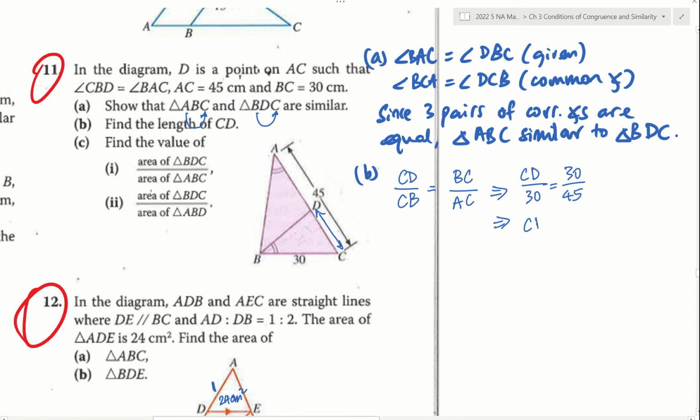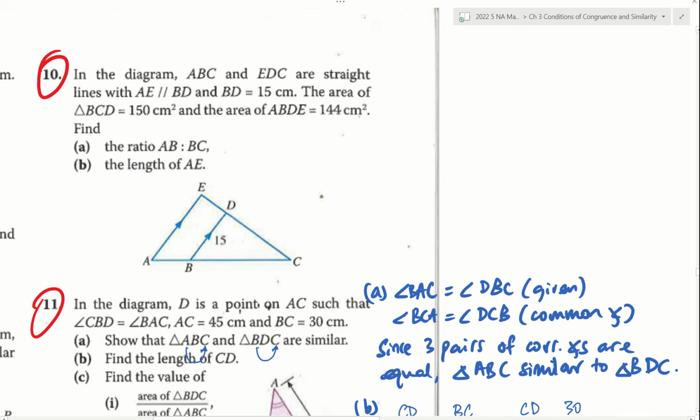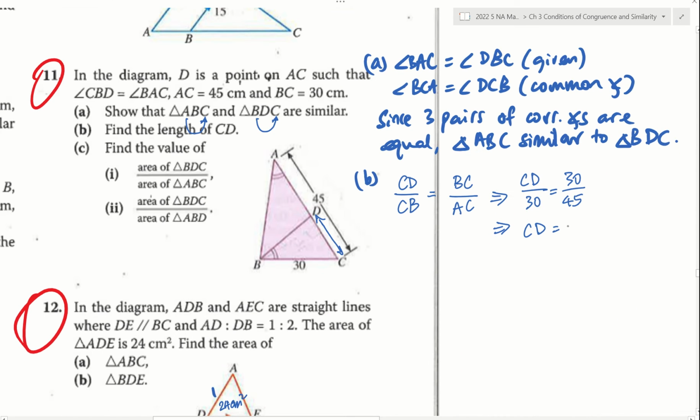Therefore, CD must have a value of 900 divided by 45, which is 20. So the length of CD is found already, 20 cm. Put it down in your diagram also, in case you need it. Since this is 20 cm, this must clearly be 25. I don't know whether we will need it or not.